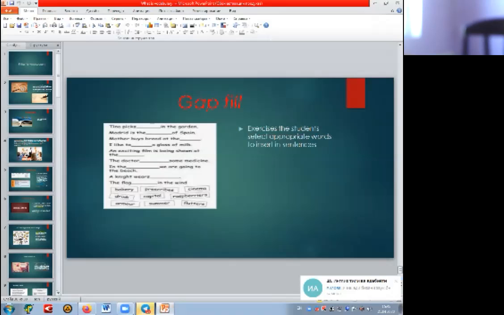And on the Moodle platform, I want to explain all the stages of the lesson. First, general information about the lesson will be given, then a glossary, then one glossary-based task. It may be matching, fill in the gap, or multiple choice.